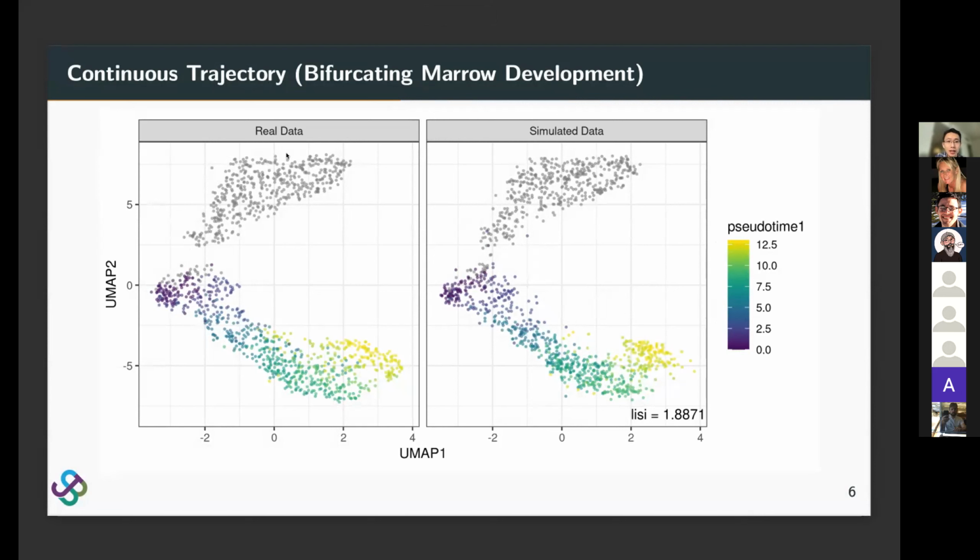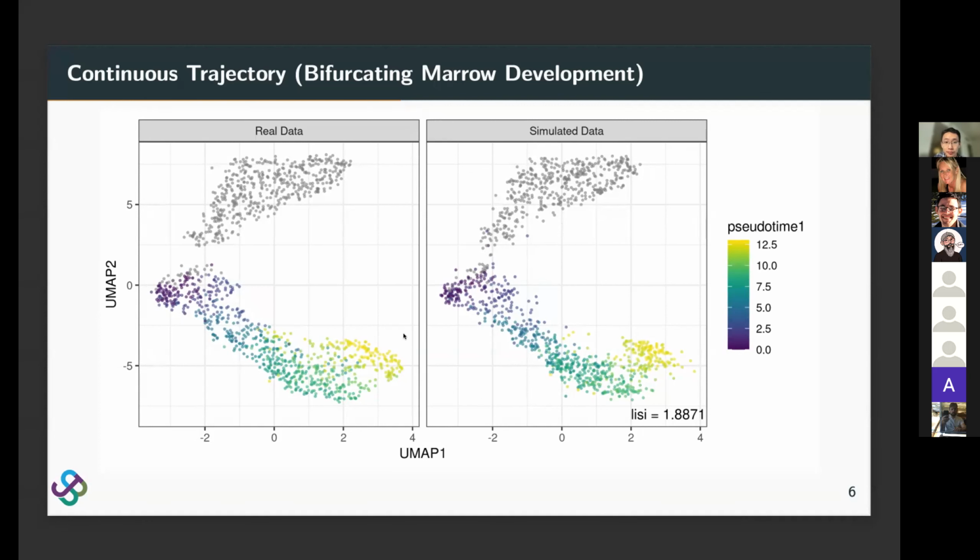And here we can see, compared to the real data, our simulation framework works quite well by generating very realistic simulated data. And we calculate the LISI value, which is almost 1.9. This is a very good value. Basically this value means, if you overlap these two figures together, what's the chance that, for each individual point, you observe a point from another batch or just from one batch.